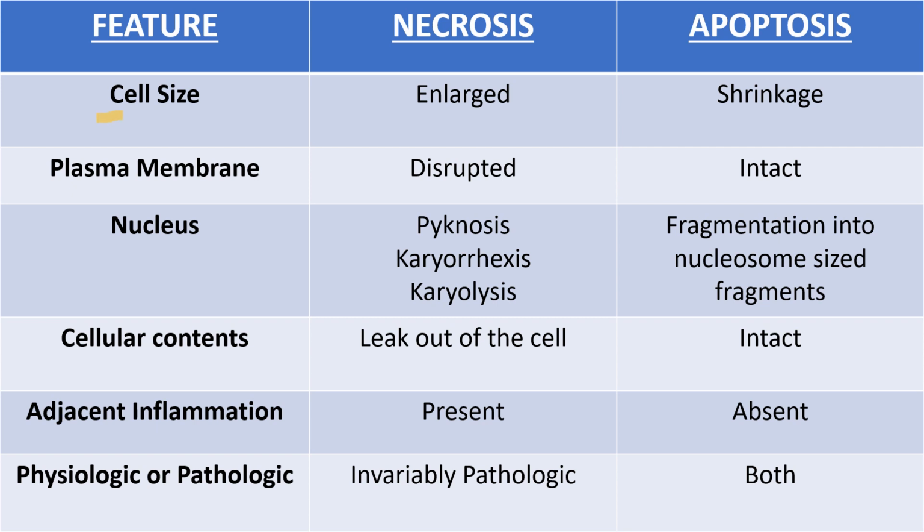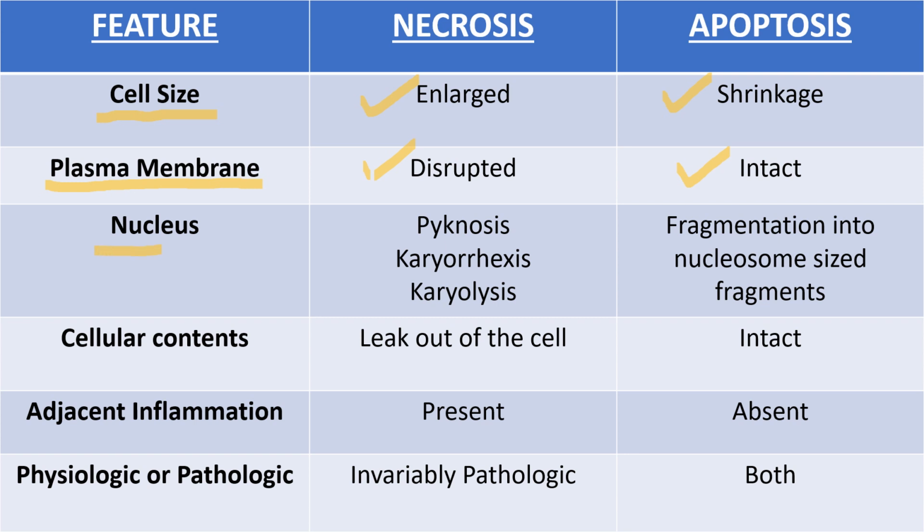The cell size is increased or enlarged in necrosis, but in apoptosis the cell shrinks. The plasma membrane is disrupted in necrosis and it remains intact in apoptosis.